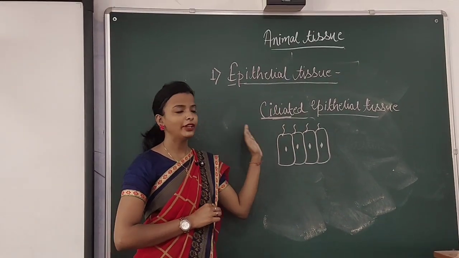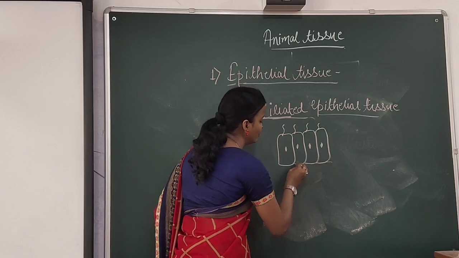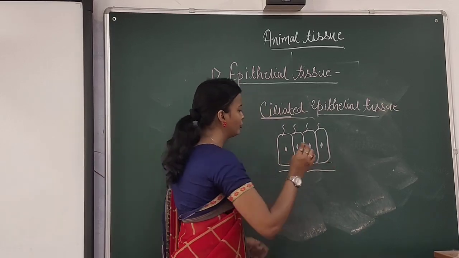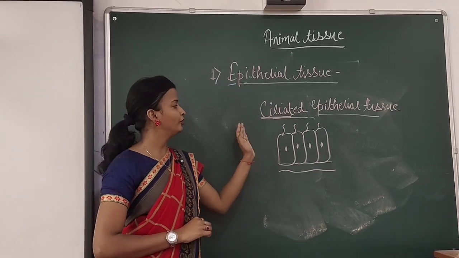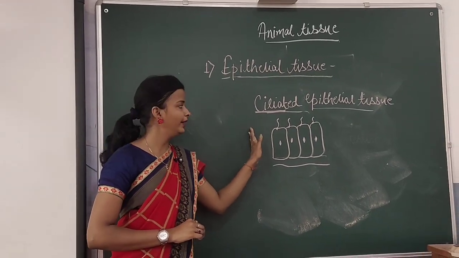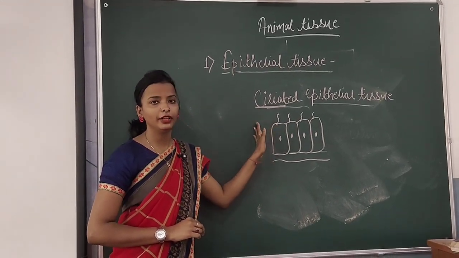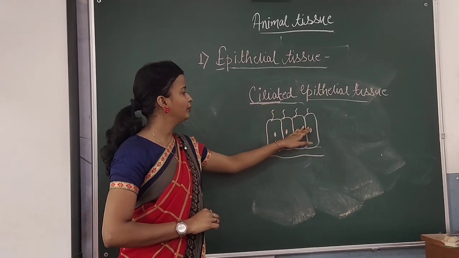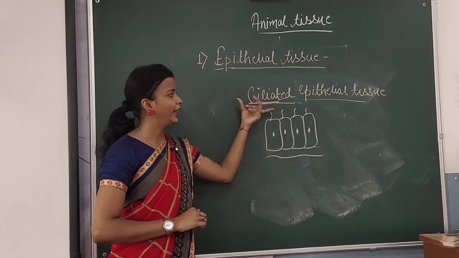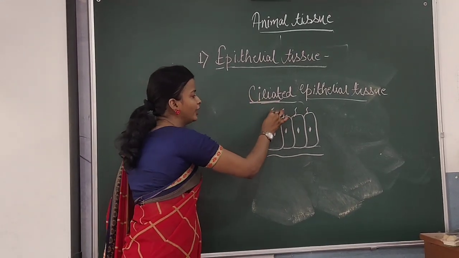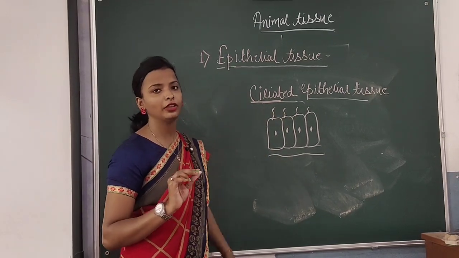So they are termed as ciliated epithelial tissue. Its structure is almost similar to the columnar epithelial, and only the presence of cilia is the difference. Cilia is present, that is why they are termed as ciliated. And what is cilia? Fine thread-like or hair-like structures present on the cells.